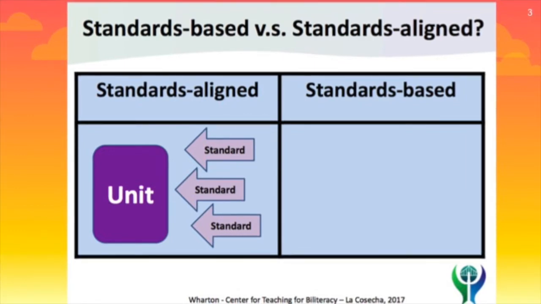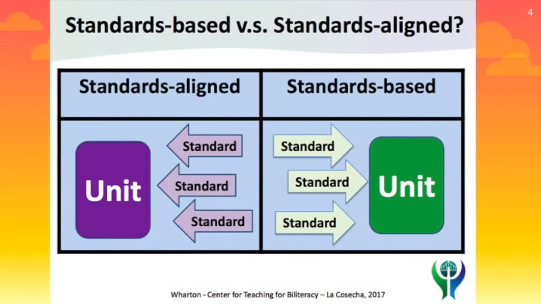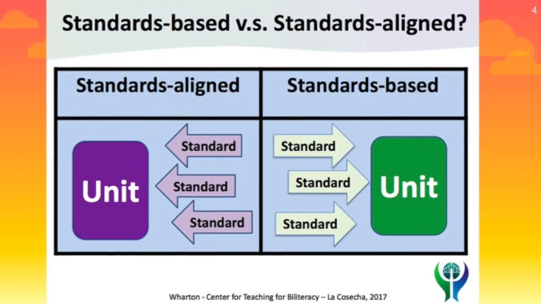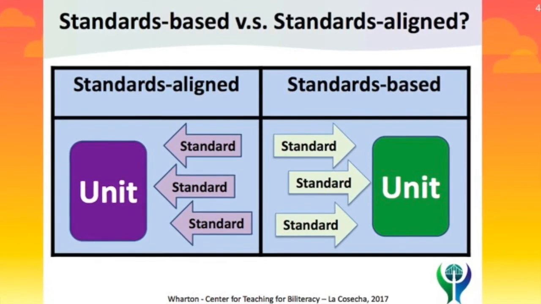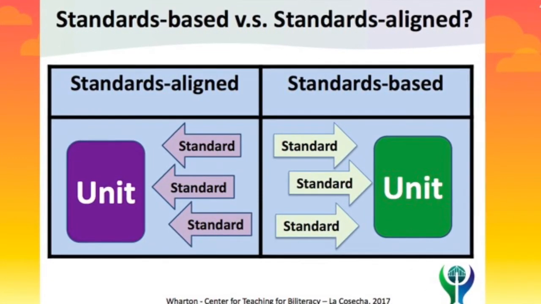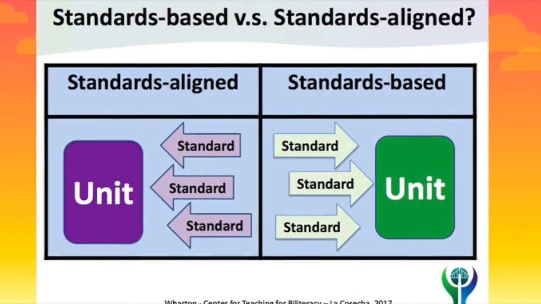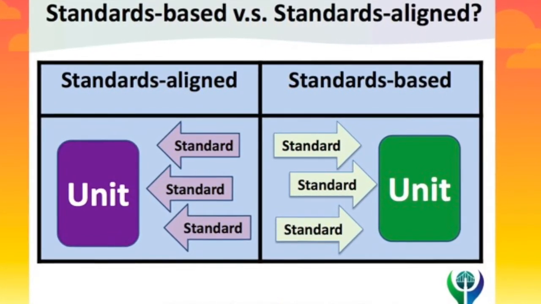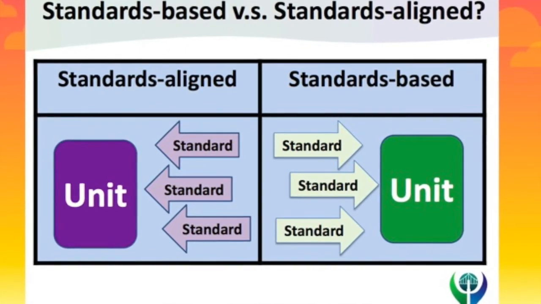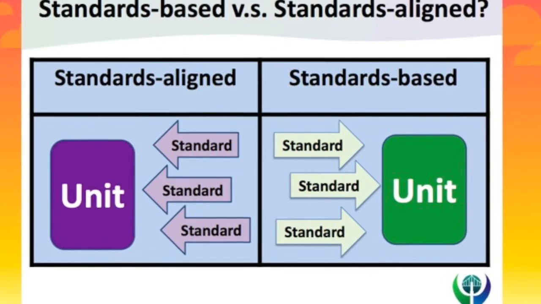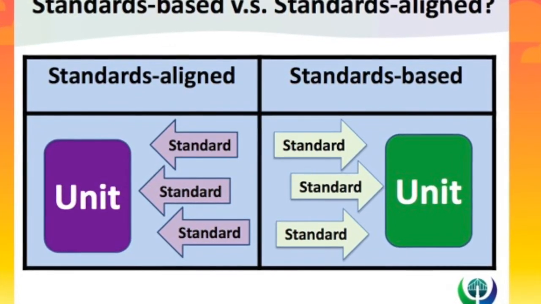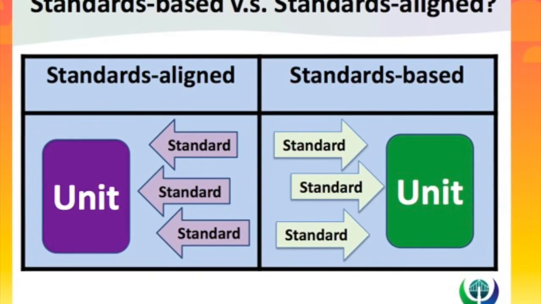We want to ensure all of our students have access to the standards and that all of our students are producing evidence of those standards through purposeful tasks. So we want to really focus on the activities and the assessment not being the end, but that the skill of the standards being the end point, and that our students have a really clear understanding of what those skills are, and that our instruction is aligned explicitly to teach and demonstrate and ensure student mastery.